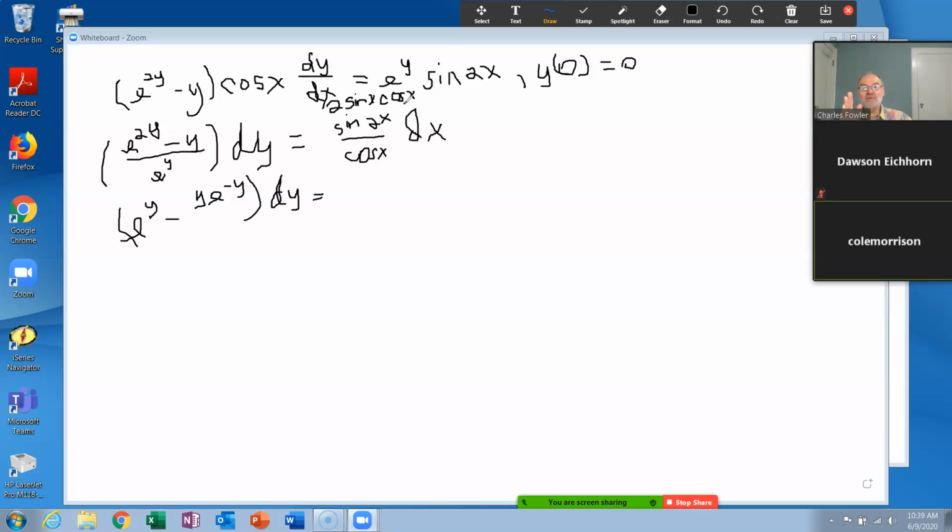Remember your sum angle formula? Sine of a plus b, so I won't get the x's involved, was sine a cosine b plus cosine a sine b.